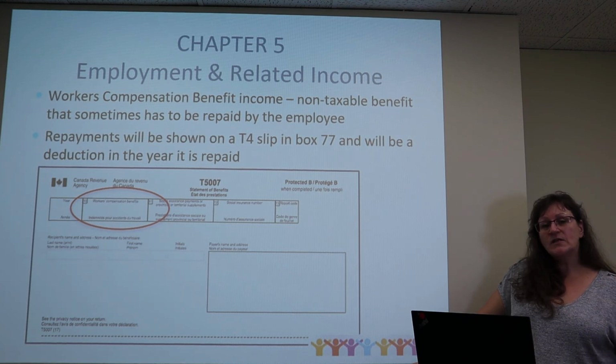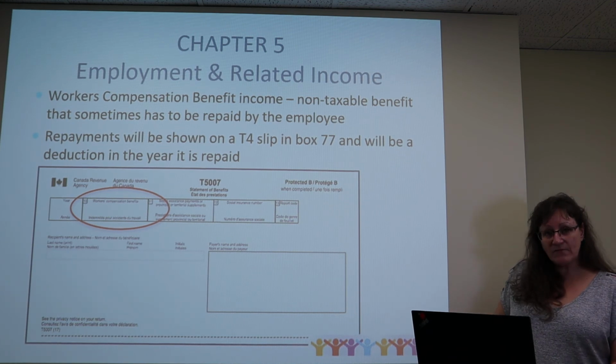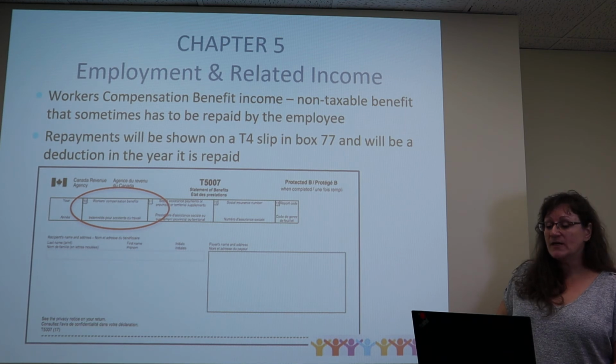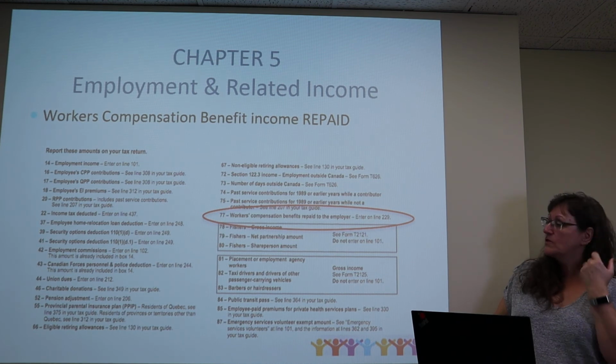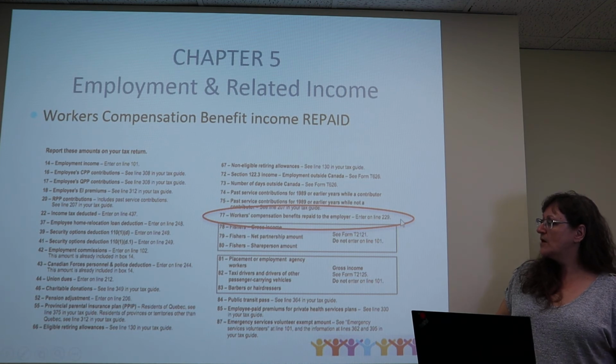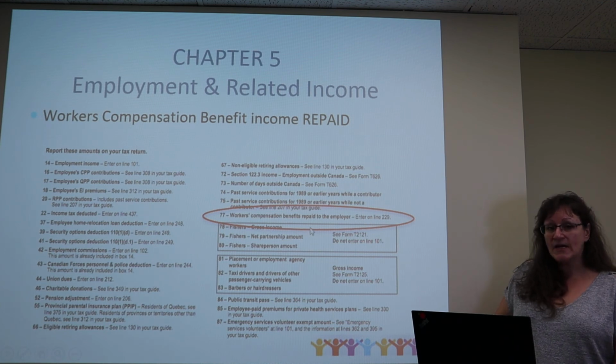When they've received it in a previous year and have now repaid it, the repaid benefits will show up in box 77 of their T4 slip as a benefit repaid, and it will become a deduction on their tax return. So when we're looking at the information on the back of a T4 slip, we can see here that box 77, workers' compensation benefits repaid, are going to get entered on line 22900 now. It'll be entered as a deduction on the tax return.